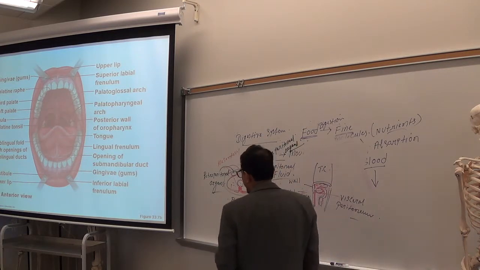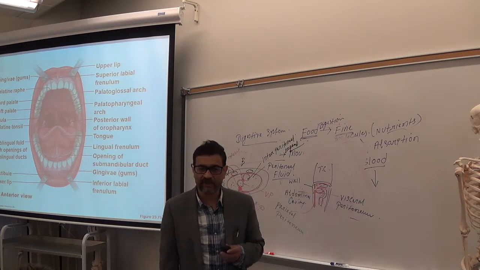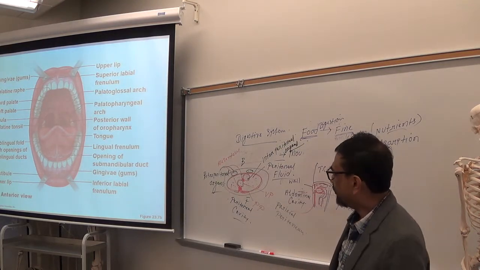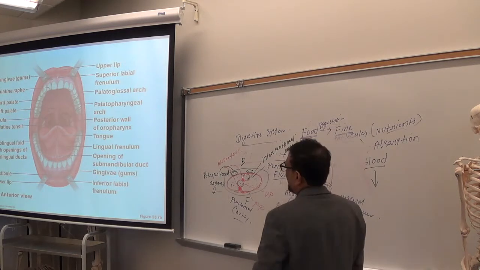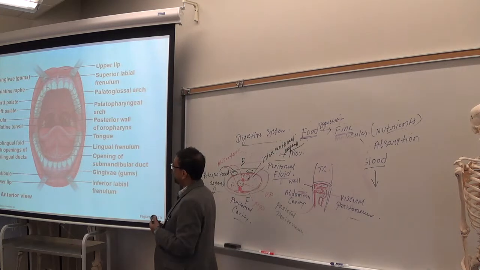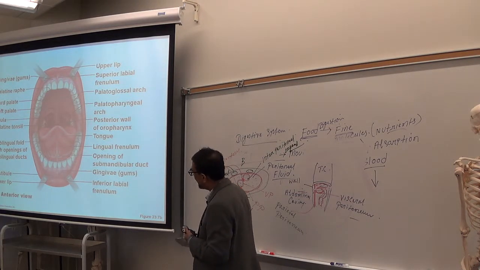If you look inside the mouth, a number of structures you will see. You have teeth, you have gum, you have palate, you have uvula, which is the end of the soft palate.